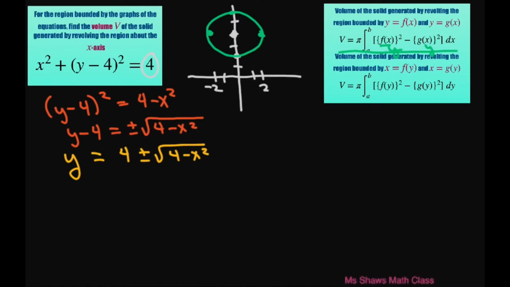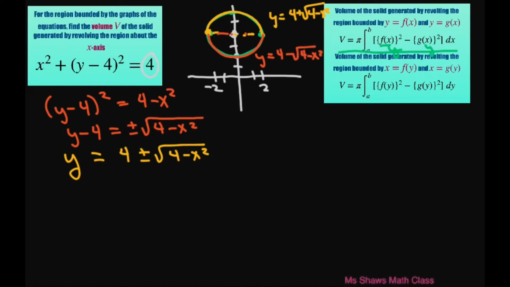If you look at our circle, this upper part of the circle, I'm going to put a little line here, is y equals 4 plus the square root of 4 minus x squared. This lower region is y equals 4 minus the square root of 4 minus x squared.